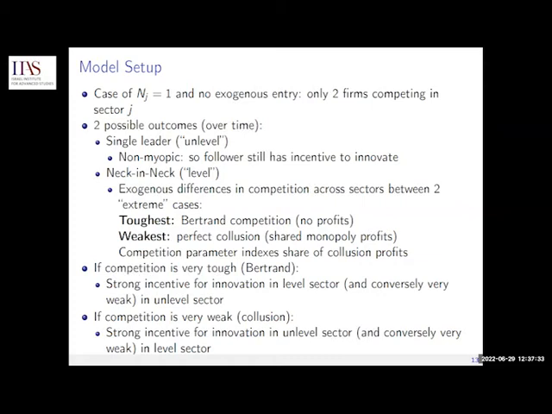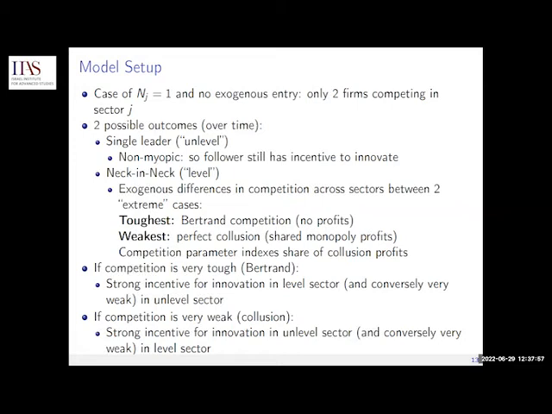This is a case where there are going to be two firms in the sector. There's no exogenous entry, and you basically always have these two firms. Firms can't fall far behind or go far ahead. There are only two possibilities for what's happening to the firms.